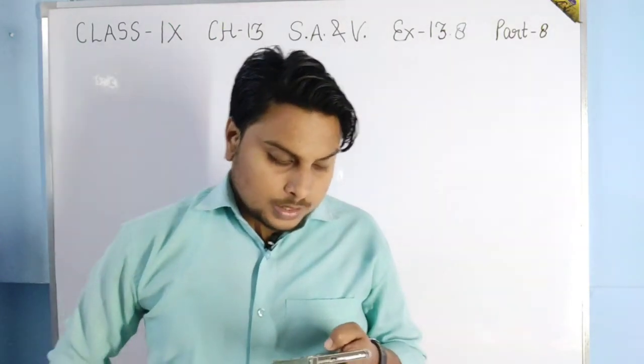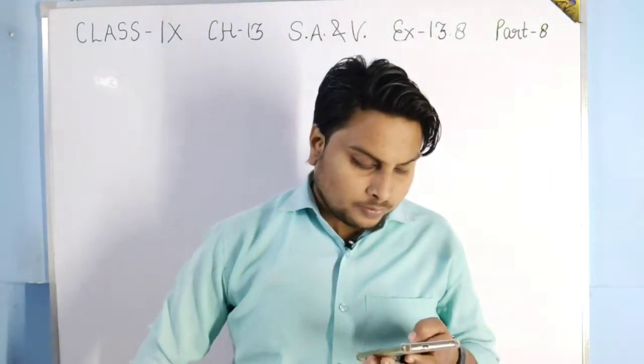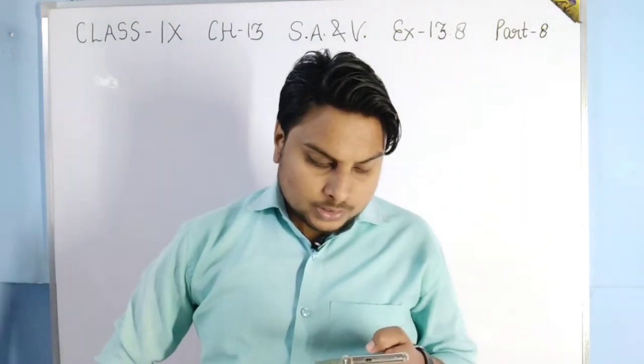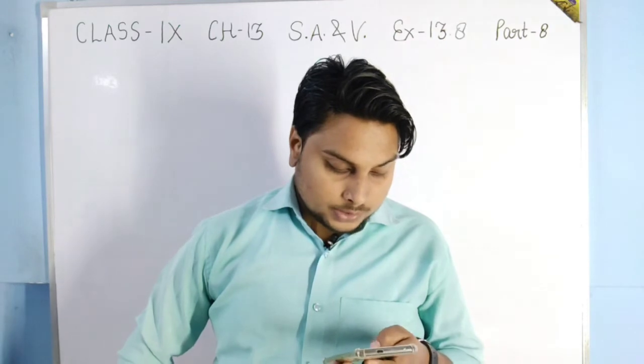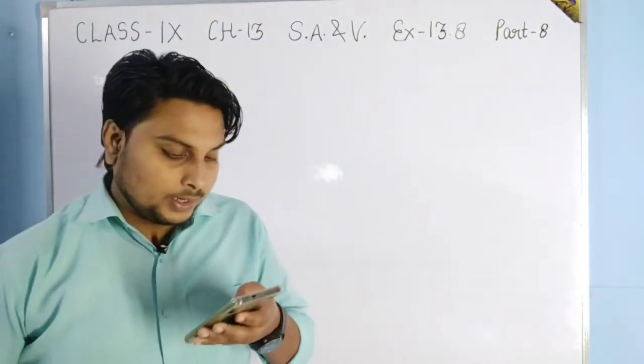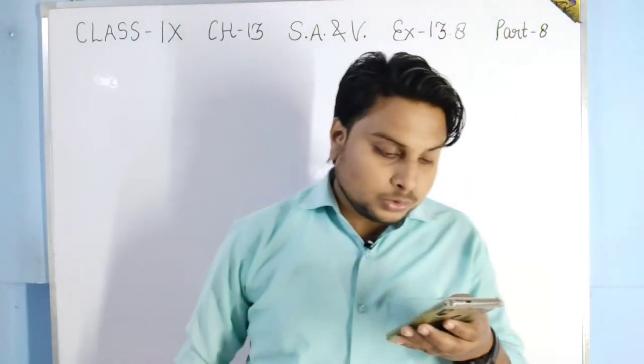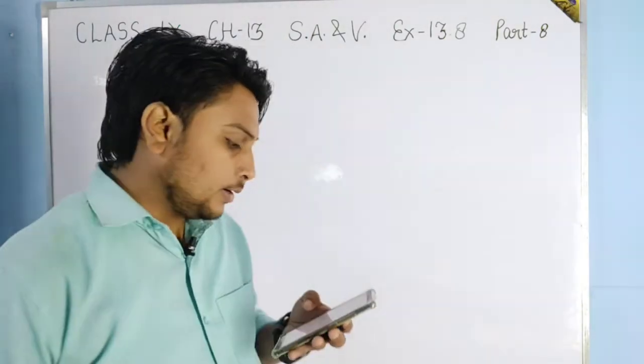Next question. A hemispherical tank is made up of an iron sheet 1 centimeter thick. If the inner radius is 1 meter, then find the volume of the iron used to make the tank.